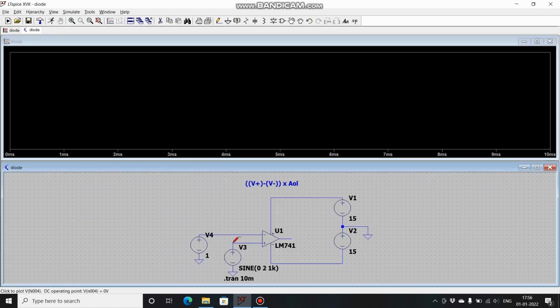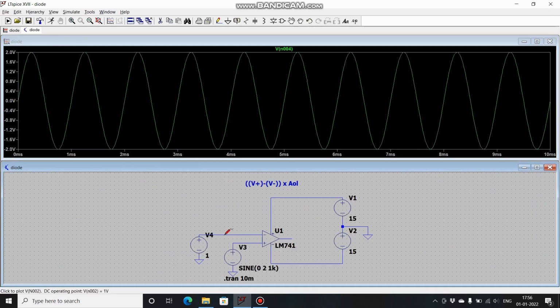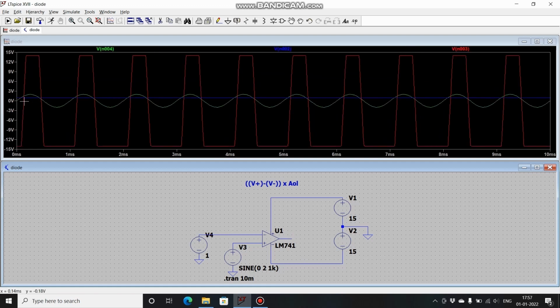Let's run it. This is our sine wave, this is the 1 volt reference, and this is our output. See, as soon as this is crossing the reference, our output is getting positively saturated. So our output is in the positive saturation for this much time. When the sine wave voltage reduces below this positive 1 volt, for that particular time we are having negative saturation. So this is about non-inverting comparator.